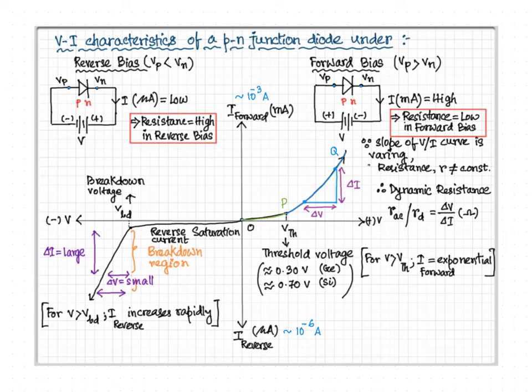Now let us see what happens in reverse bias. In reverse bias, as we increase the voltage, the depletion region increases.